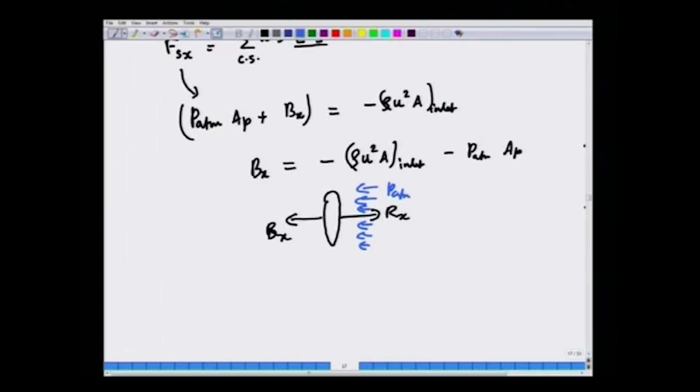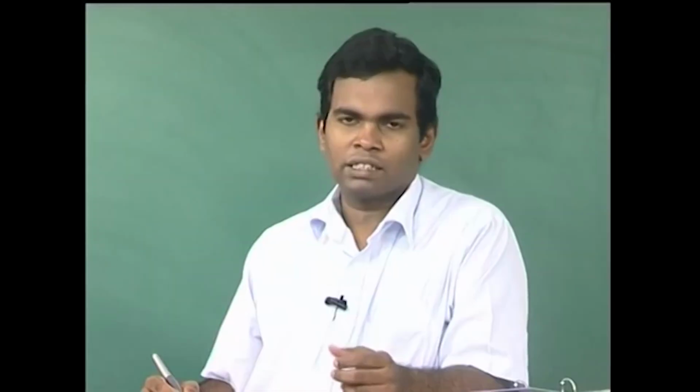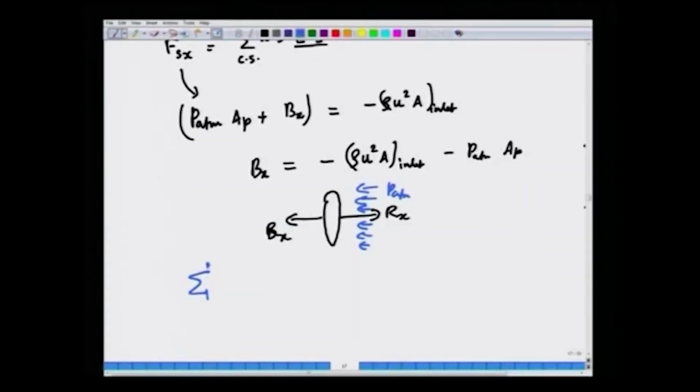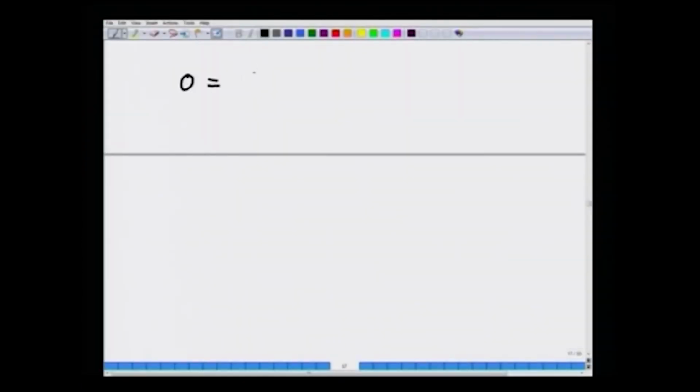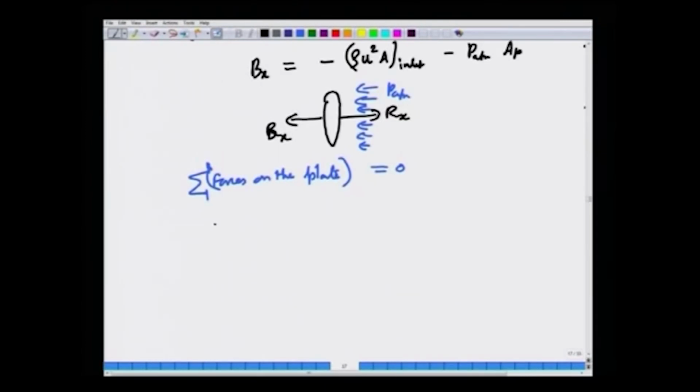So, we will have to include that in the free body diagram on the plate. These are the only 3 forces acting on the plate. Since the plate is not accelerating, sum of all forces on the plate must be 0. So, that simply means 0 is equal to minus Bx. We have taken Bx to act in this direction, sum of all forces on the plate in the x direction is 0.